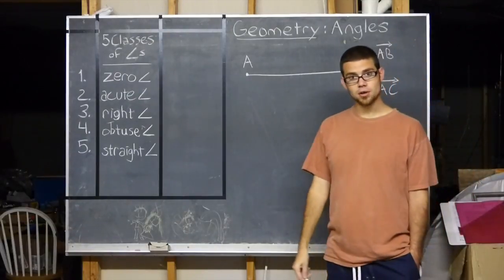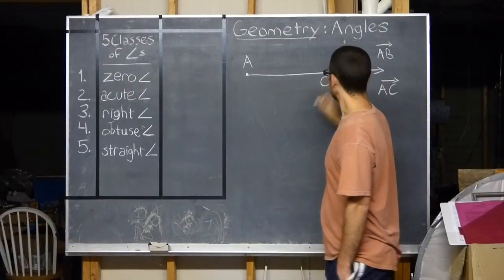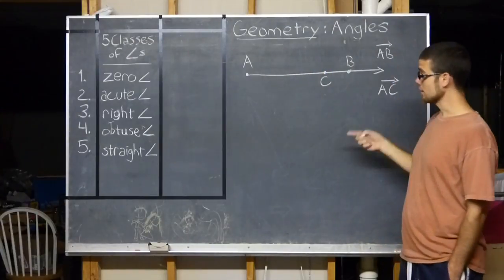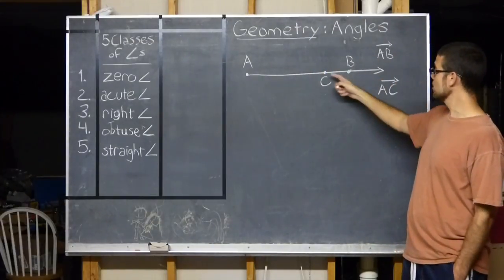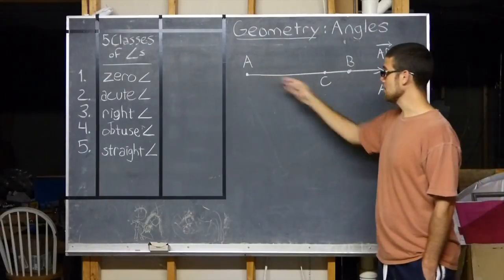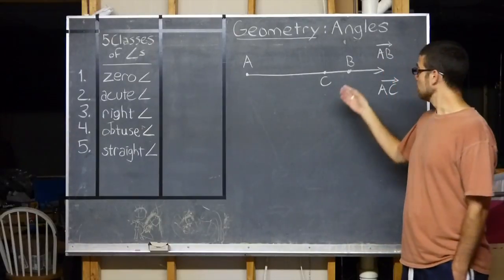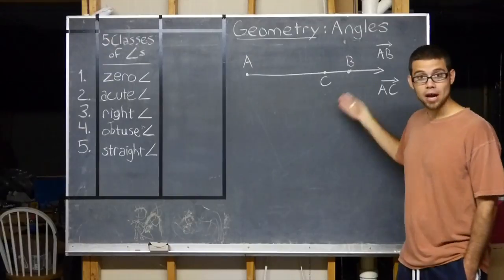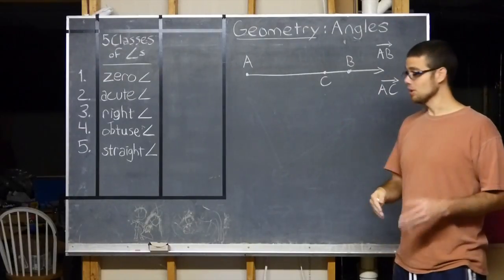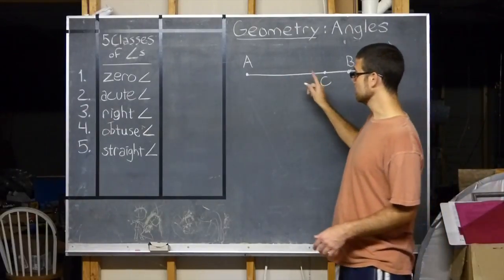Well, if the angle is 0 degrees, then C has to be somewhere on the original ray. It has to be on both rays. In other words, the rays are identical. There are 2 of them because we can name them with different points. But in a sense, there's one ray. But the angle between the one ray and itself, or the one ray and the ray that is identical to it, is 0 degrees. So, it's called the 0 angle.